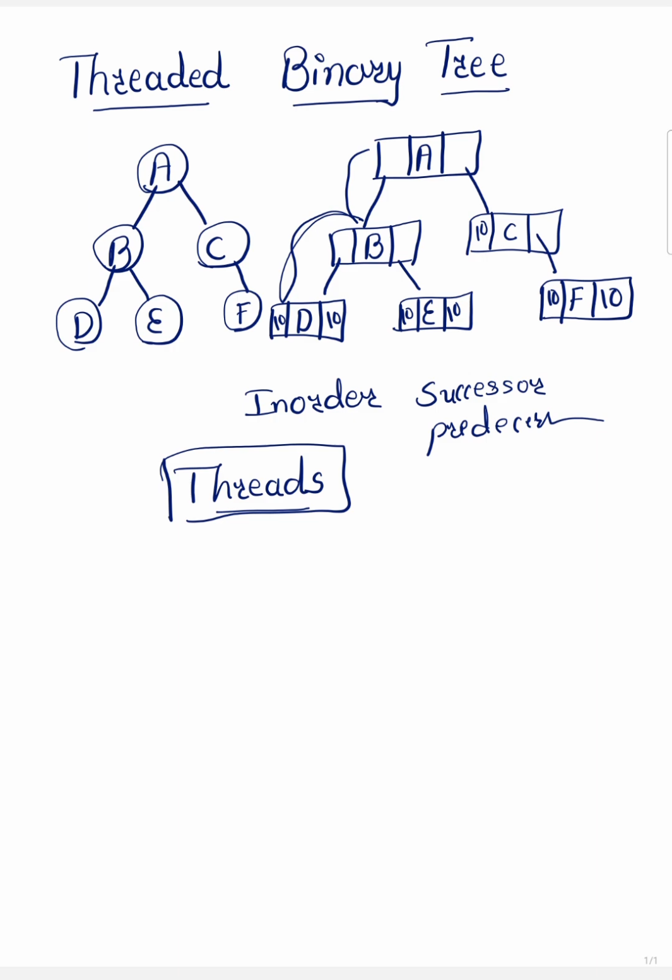There are two ways of threading, so there are two kinds of threaded binary tree. One is one way threading, and the second is two way threading. In one way threading, we have only a single threaded tree. Let me explain that.